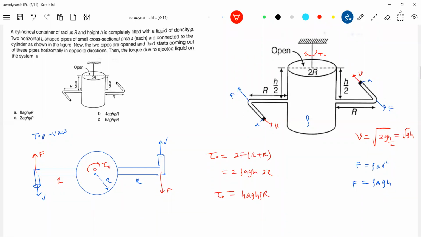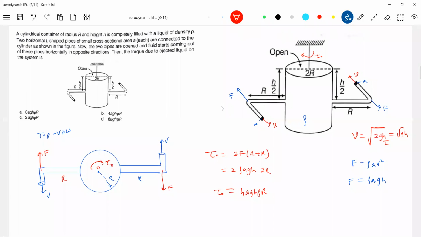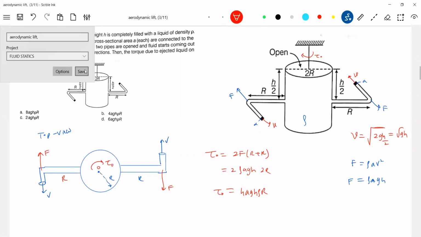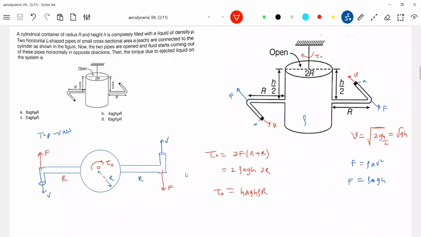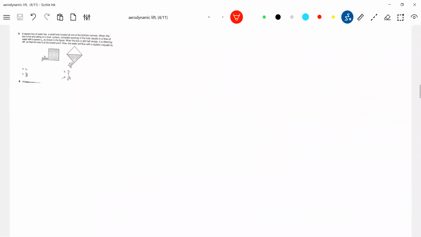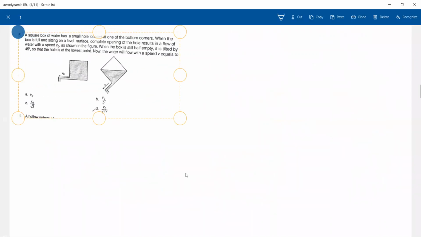I think this was the sprinkler, no? Lawn sprinkler. So that's the basic method we use. I'll magnify the diagram.